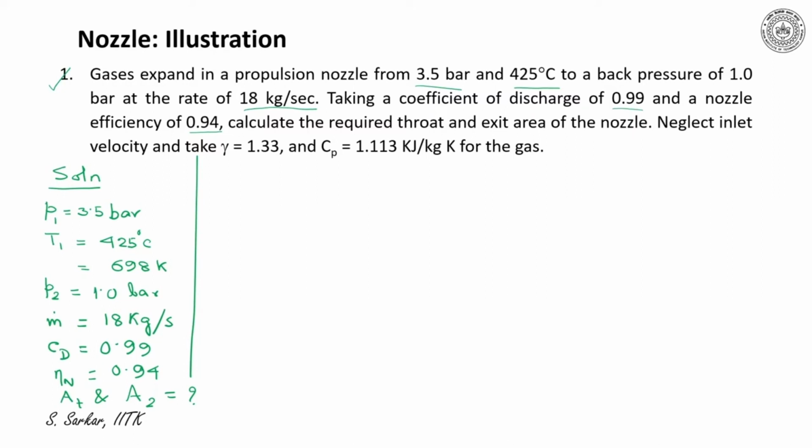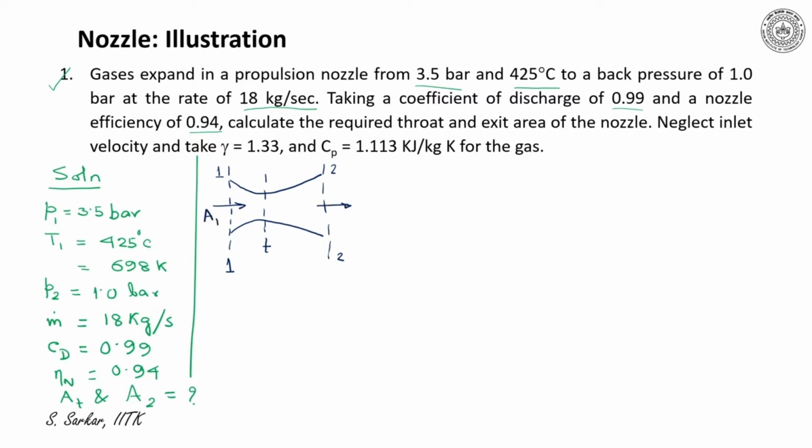Now let me draw a schematic of the nozzle that will help you to visualize. So this is our nozzle and this is the inlet section 1, and this is the exit section 2. This is the throat T. So flow is entering at inlet, leaving at exit.